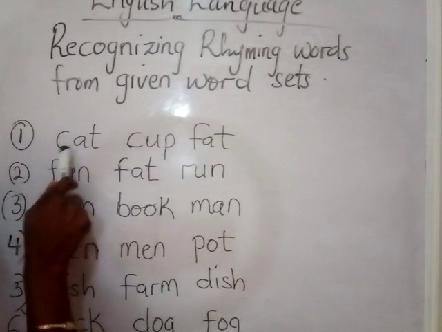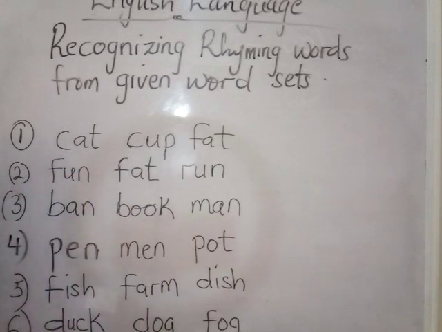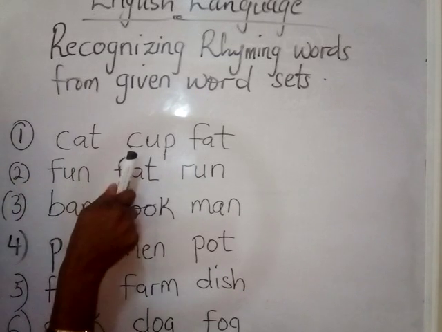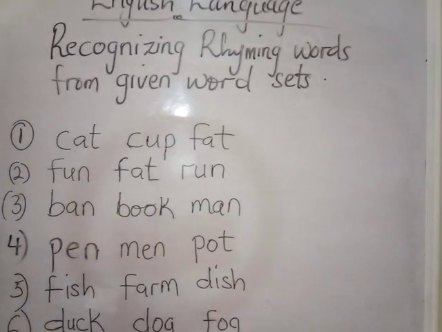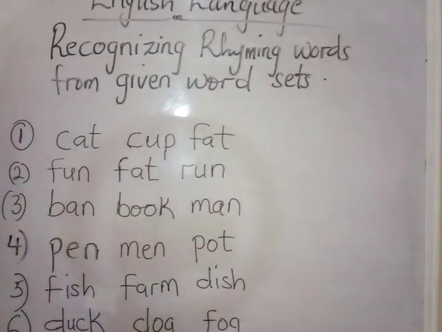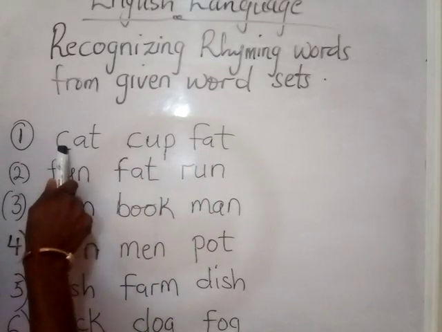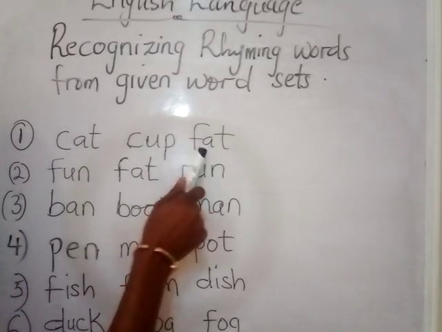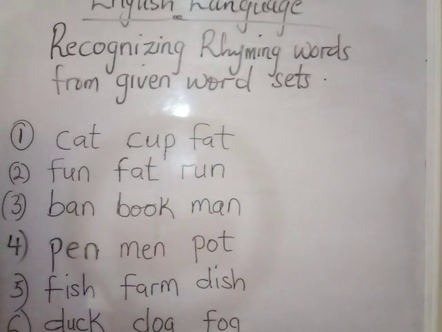Now let's pronounce cat, cup. What do you think? Do they end in a similar sound? At, up? Do they sound alike? No, they don't sound alike. So let's take cat and fat. If you look at the beginning sound, cat is k and fat is f. They don't sound alike, but does it matter in rhyming words?